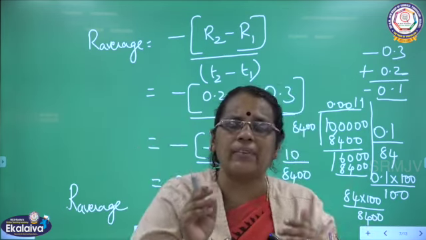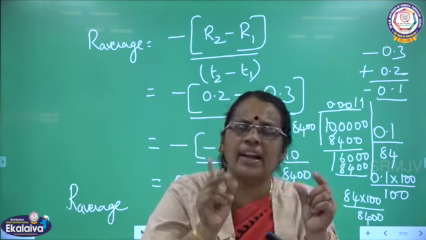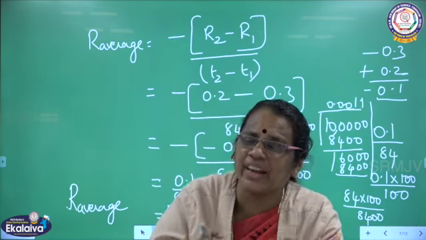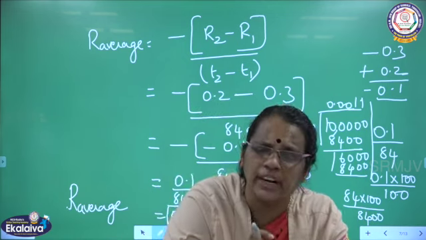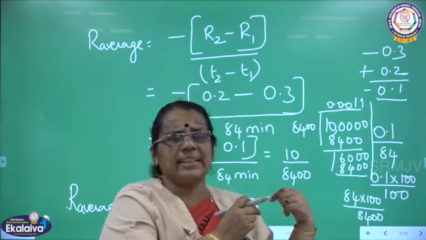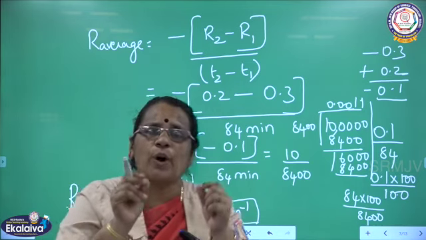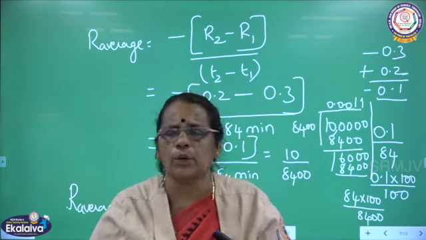So R average is equal to minus delta R by delta T. I wrote the given quantities R1, R2 and delta T, substituted in the formula, and got R average equal to 0.0011 minute inverse. So up to this I am concluding, children.